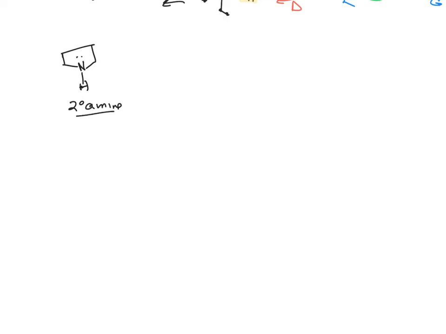If you react this with a ketone, there's your alpha hydrogens. You're going to lose water. So you're going to lose this hydrogen and this oxygen to form an enamine.